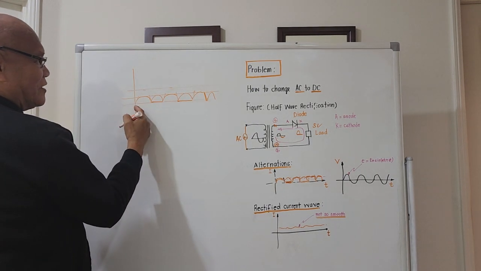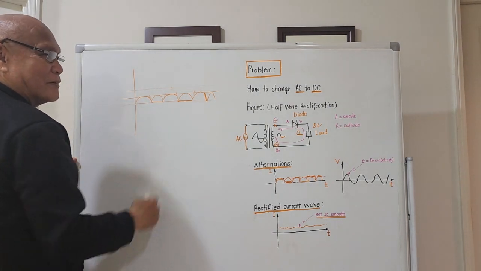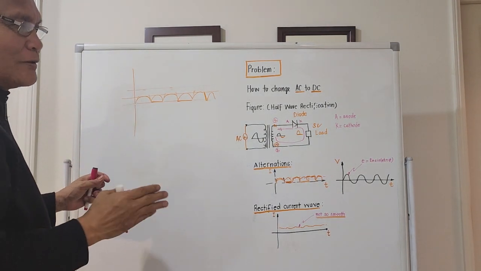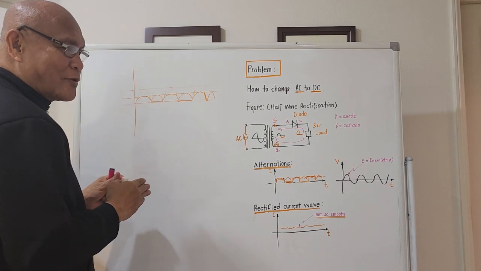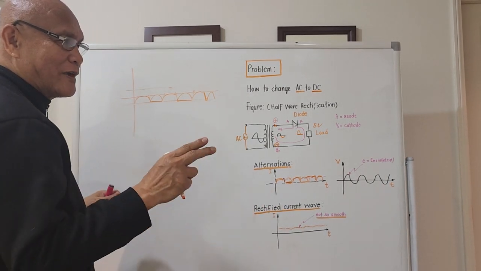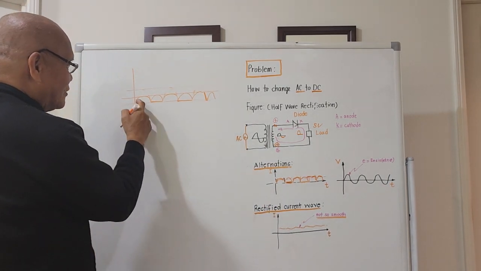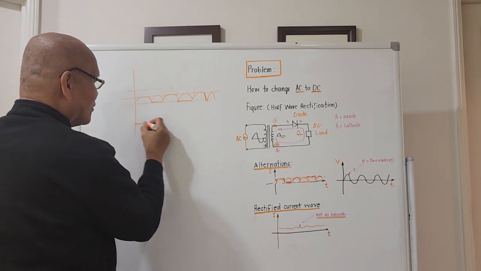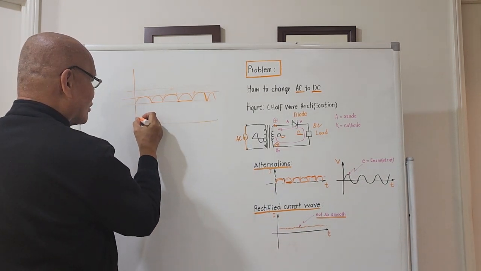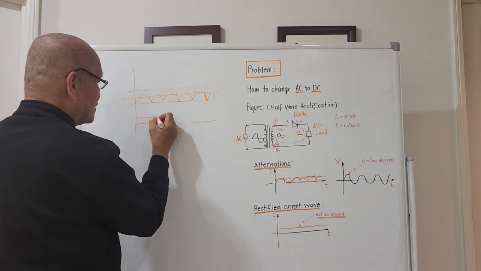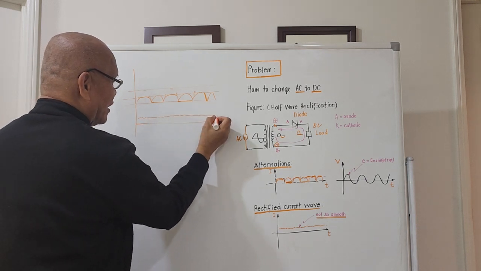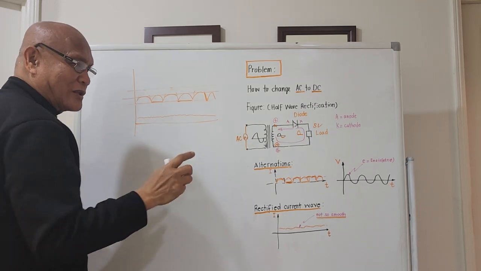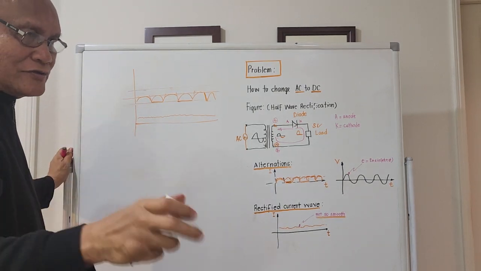You see it? It's not so smooth. But if the frequency on the secondary side will be a very high value, these ripples will be very negligible if you try to see it on the oscilloscope. It will be something like this. And this is good for digital gadgets.